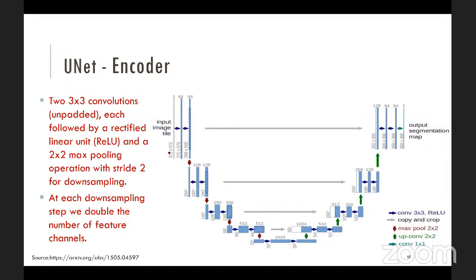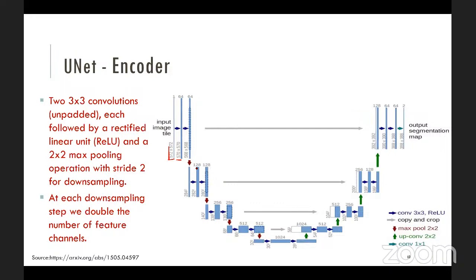Remember here it is unpadded. That is why you can see that 572x572 becomes 570x570. Why? Because we are not using the padded version, right? And each one is followed by ReLU, the activation function. And for pooling, we have used 2x2 max pooling with stride 2, right?